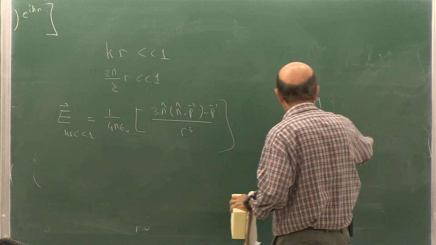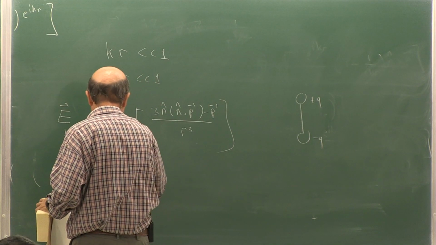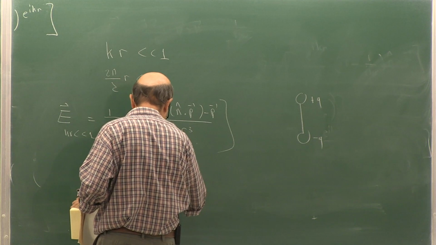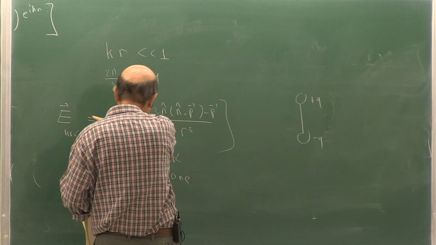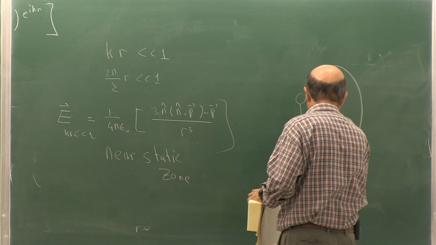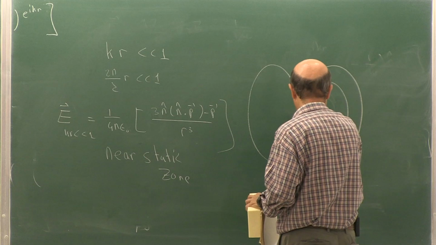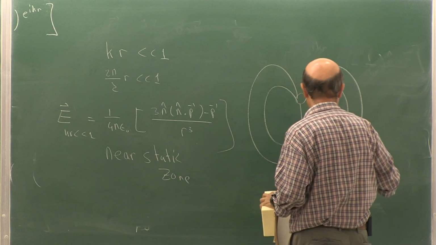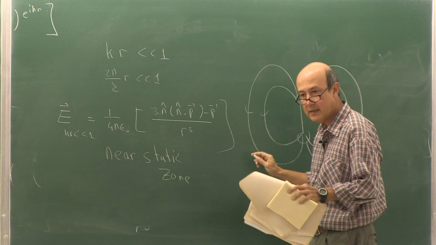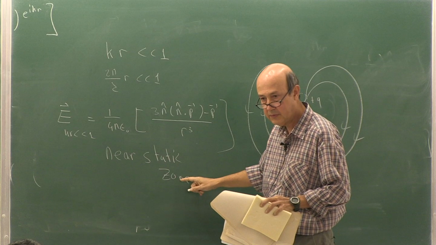So basically, in the near static zone, the field lines are identical with this one, and these are the electric field lines. They are static. So that is the reason it is called the near static zone.